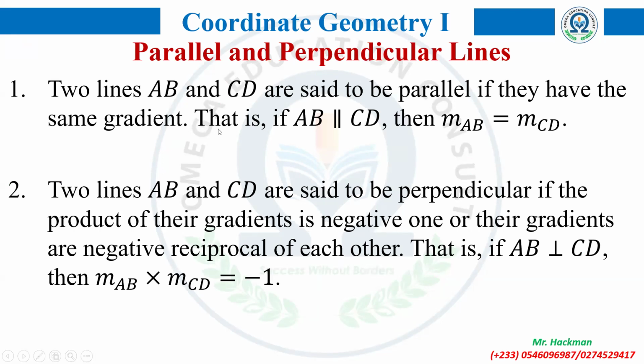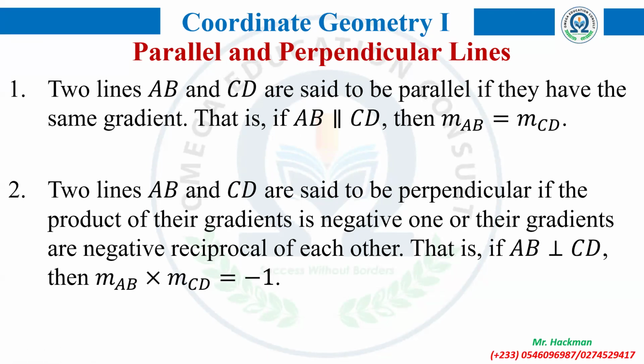So anytime you want to determine that two lines are parallel, you have to use the gradients of the lines. That is, if line AB is parallel to line CD, then MAB, the gradient of AB, should be equal to MCD, the gradient of the line CD. You get it?